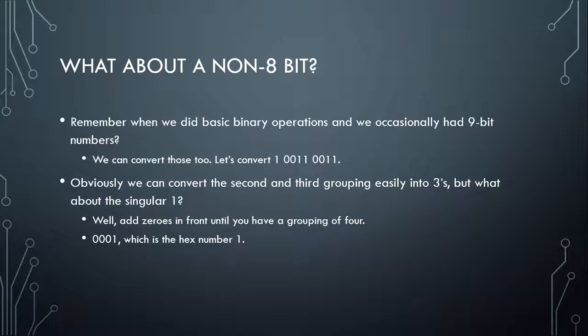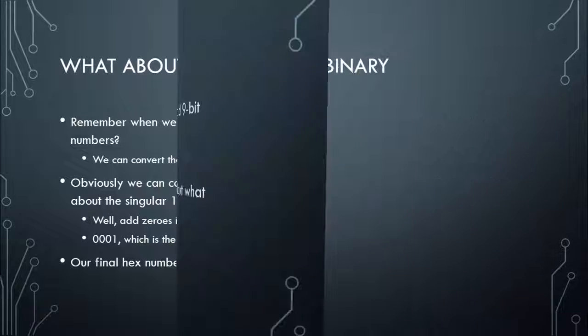But what about that singular 1 that's just floating up front? Well, all we do is add zeros until we have a grouping of 4, in this case 0001, which, of course, is just the hex number 1. And of course, if you had 3 groupings, you would just keep adding a hex number for each grouping of 4. So our final hex number in this example is 133.